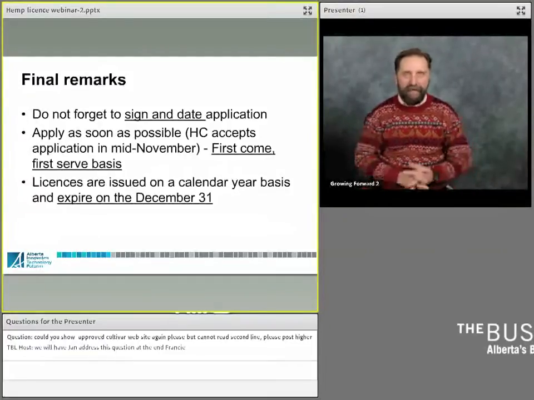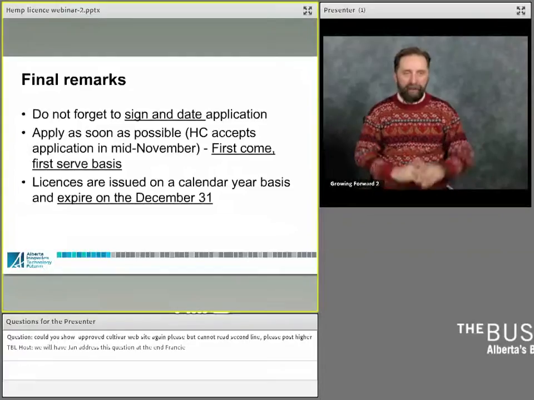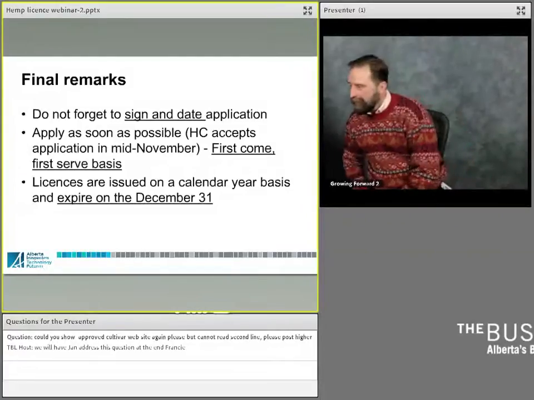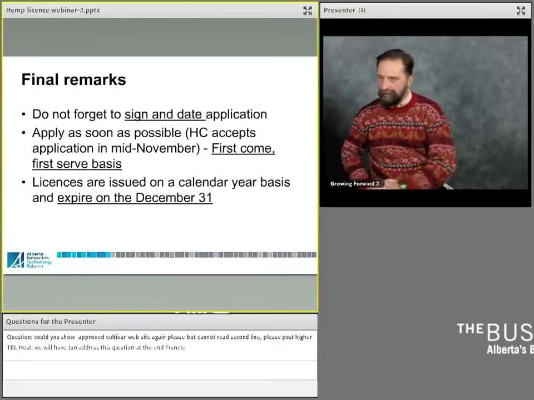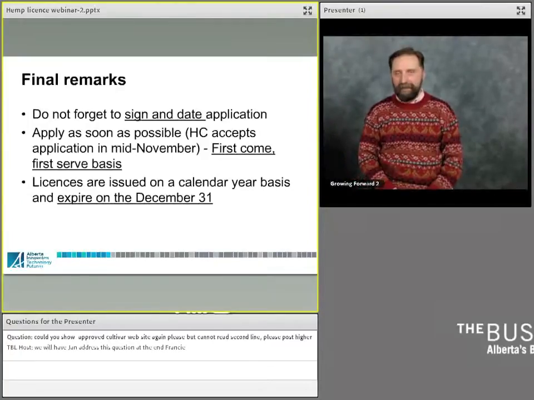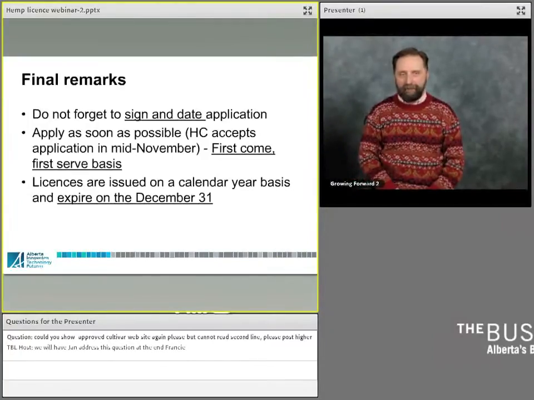Final remarks before we wrap up. We do have one question from Francie earlier on, looking to identify which cultivar is best for northern Alberta. She asked about Finola, but are there any cultivars specific or adapted to the north?